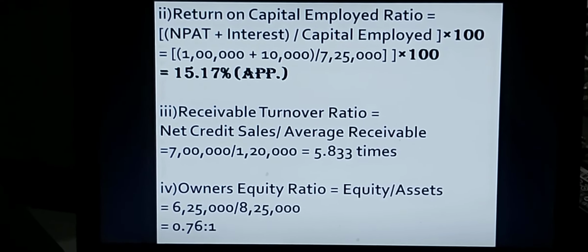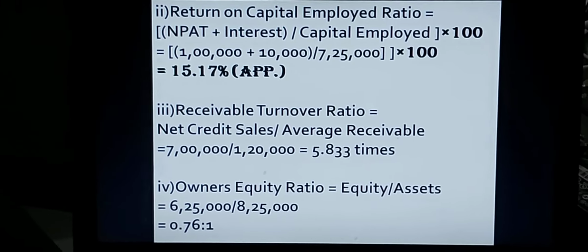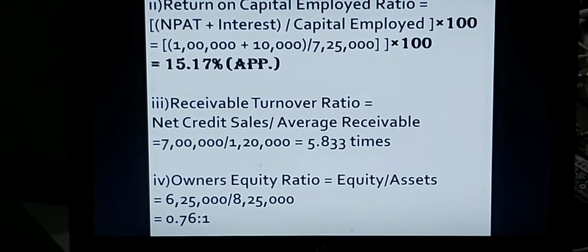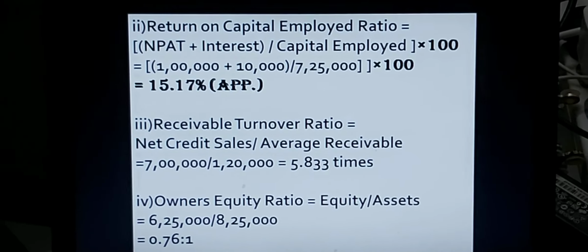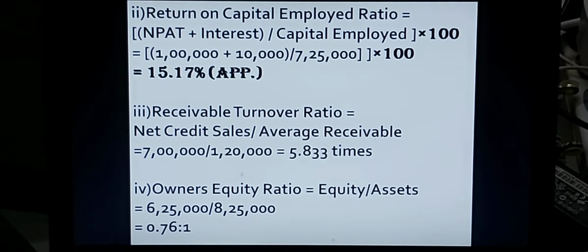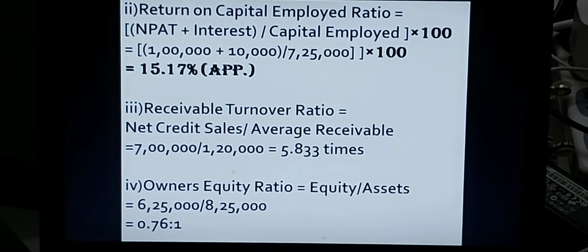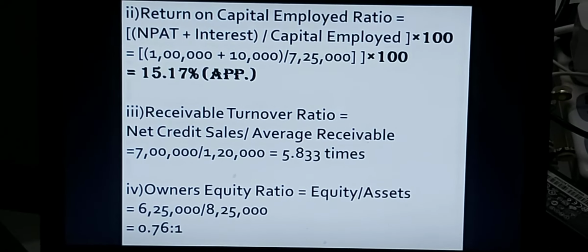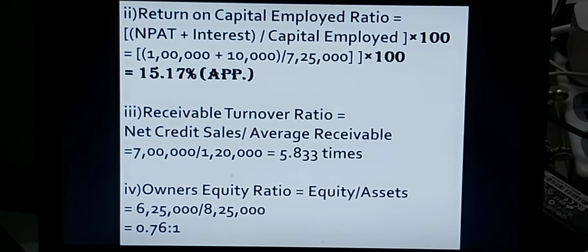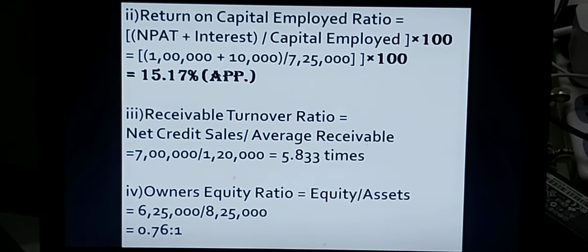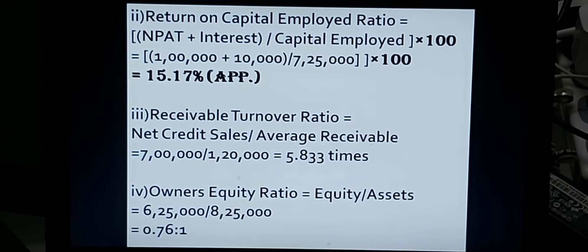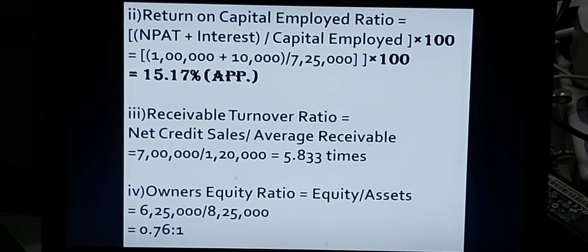In math requirement C, the owner's equity ratio. From the formulas, we can get owner's equity ratio is equal to equity divided by assets. Equity means shareholders' equity. From requirement A, internal liabilities means owner's equity.